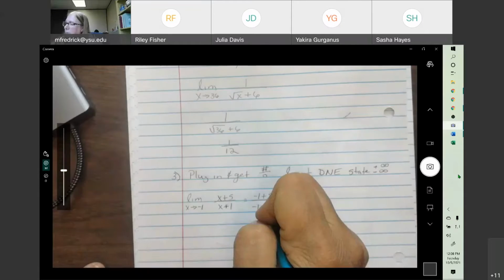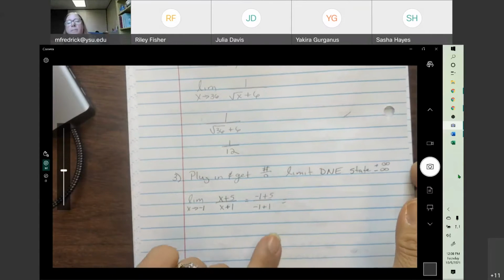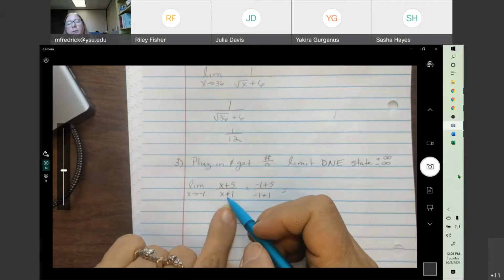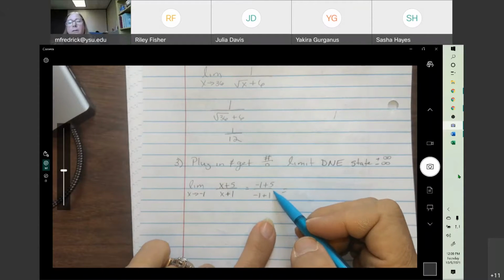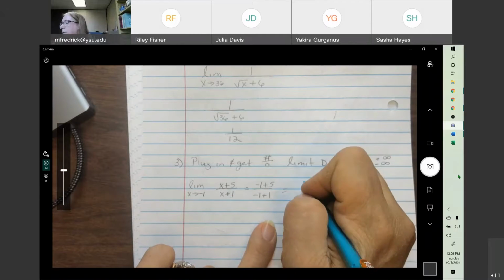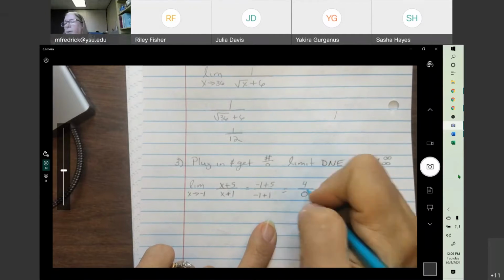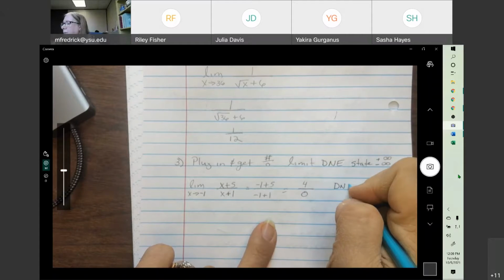That way we want the 0. So change this to a plus sign. That way then we have a number on top, but we have 0 on the bottom. That means the limit does not exist.